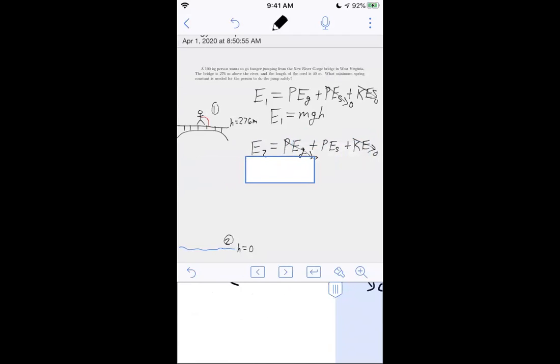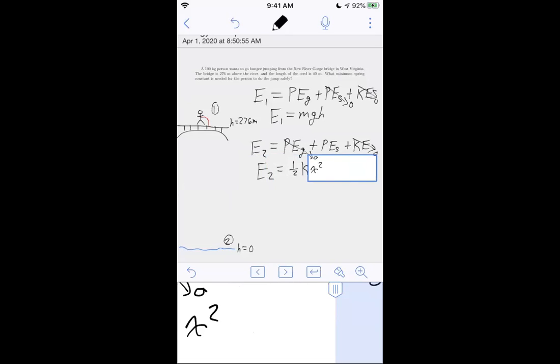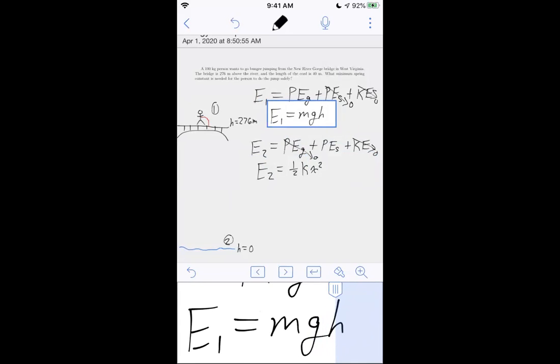So that means that energy 2, E2, is just equal to the potential energy from the spring, which is going to be 1/2 kx squared. Okay, so I'll kind of box those in.